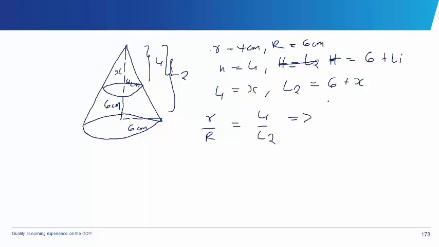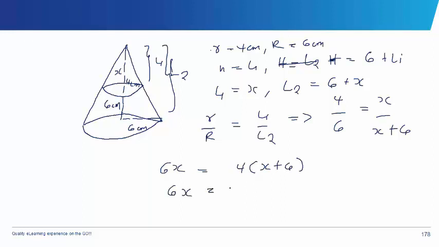which implies that small r, which is 4, over big R, which is 6, equals L1 over L2, X over X plus 6. So 4 into X plus 6 will be equal to 6X, and 6X is equal to 4X plus 24, and then 6X minus 4X is equal to 24. 2X is equal to 24, and then X will be equal to 24 over 2, so that X will be equal to 12.